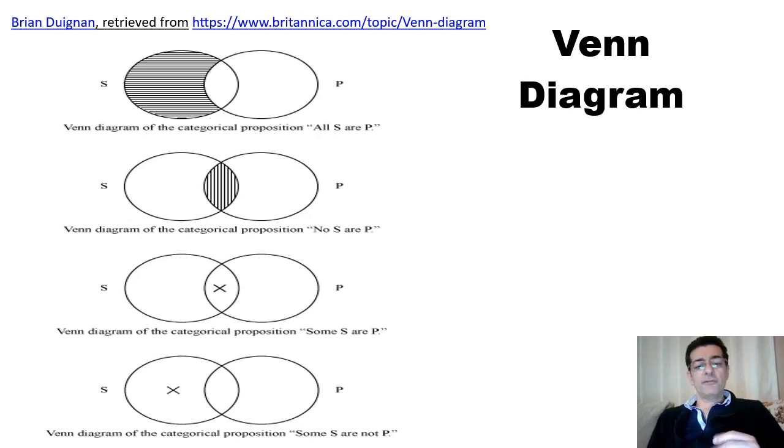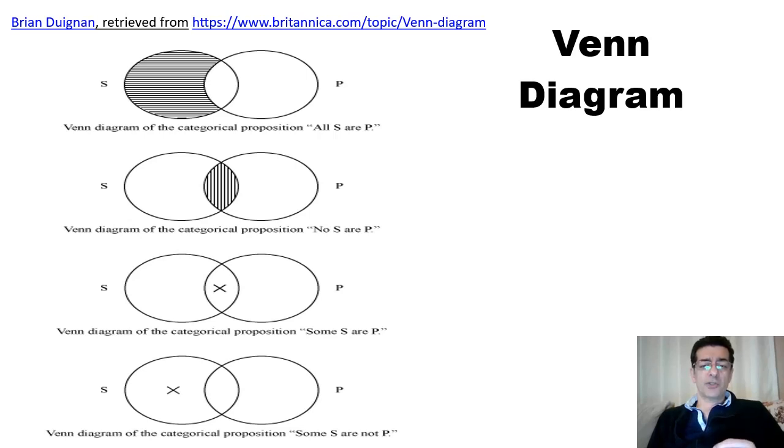Now let's go to the first claim that we had and see how this first diagram can help us. What was the first categorical claim? All S are P. Here, let's say S is subject and P is predicate again. So when I say all S are P, look at the pair of circles.